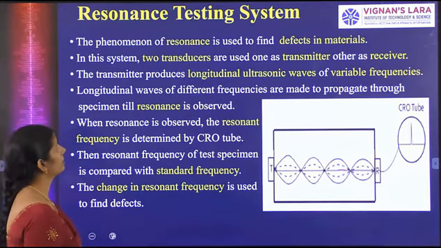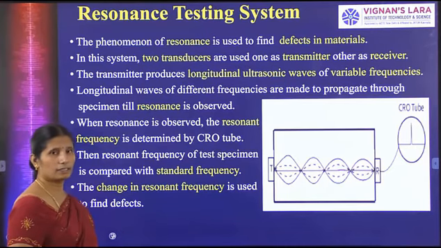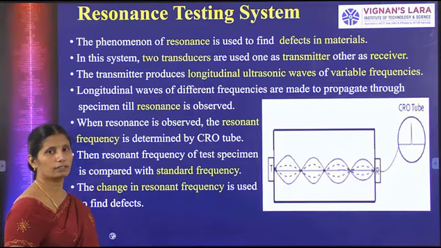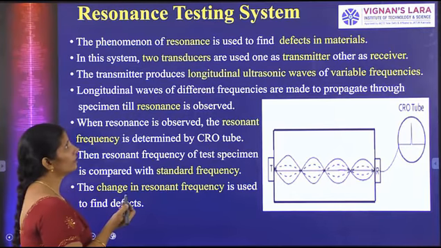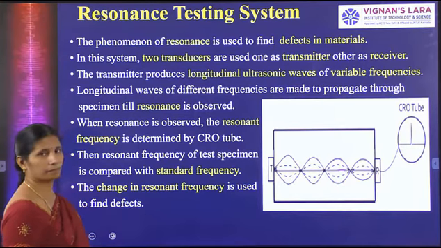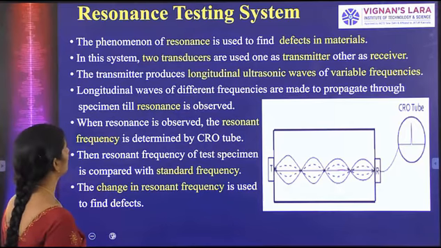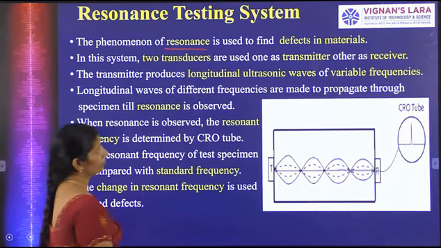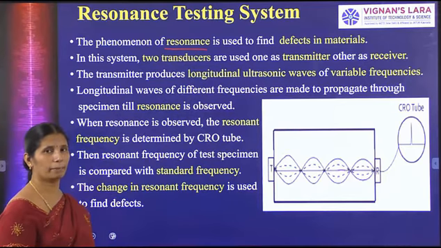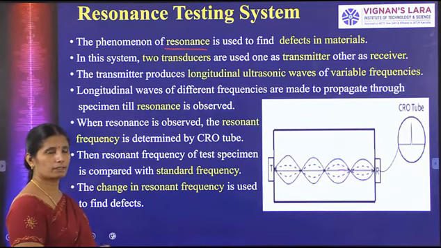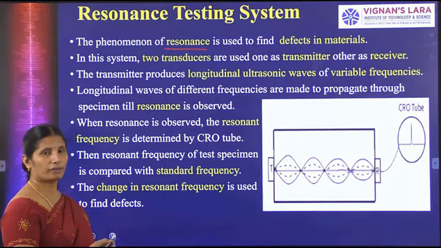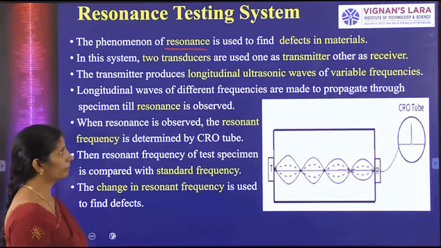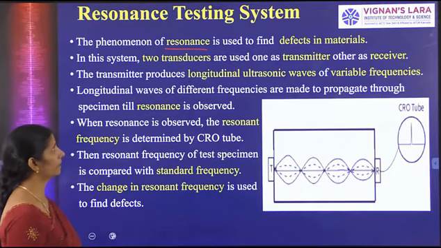The next system is the resonance testing system. The third method in ultrasonic testing is the resonance testing system. In this system, the phenomenon of resonance is used to find defects in materials.